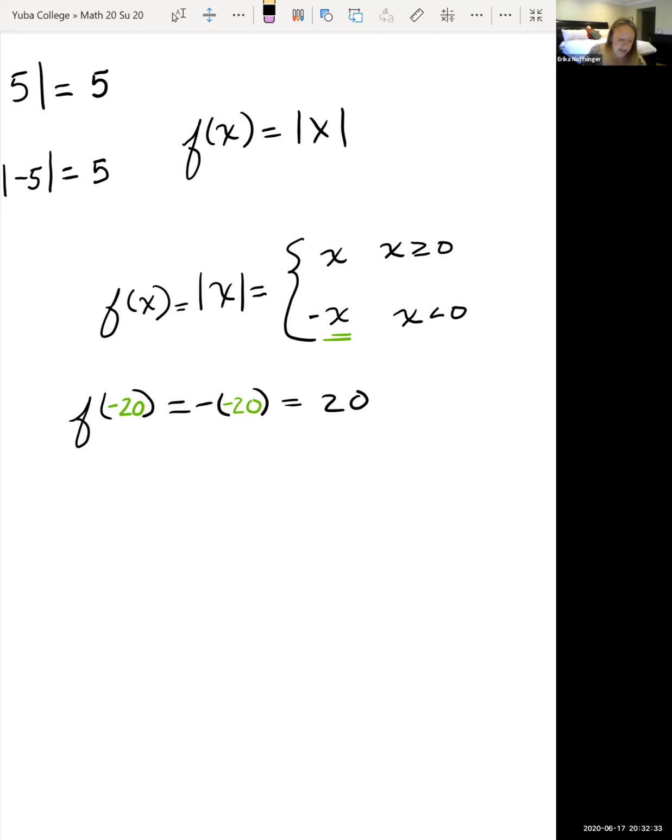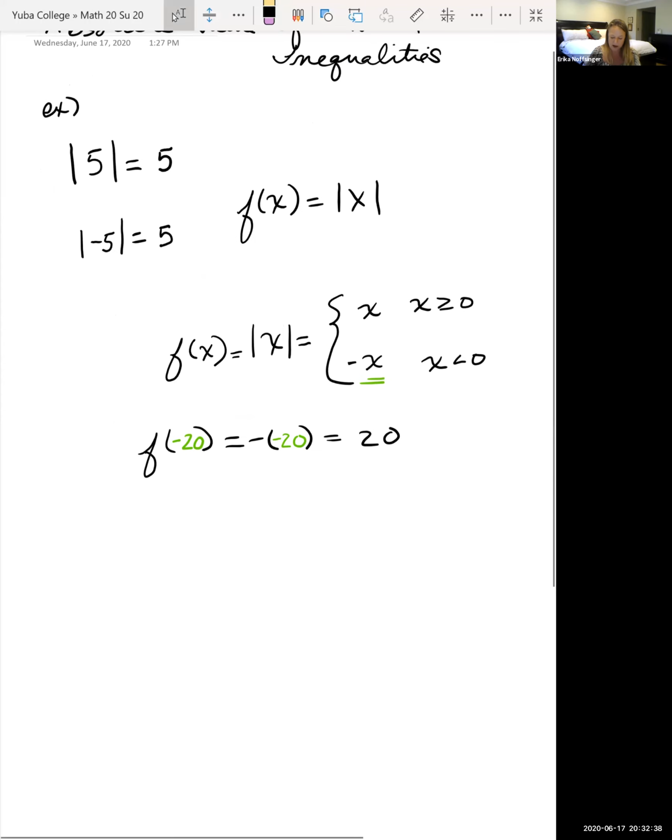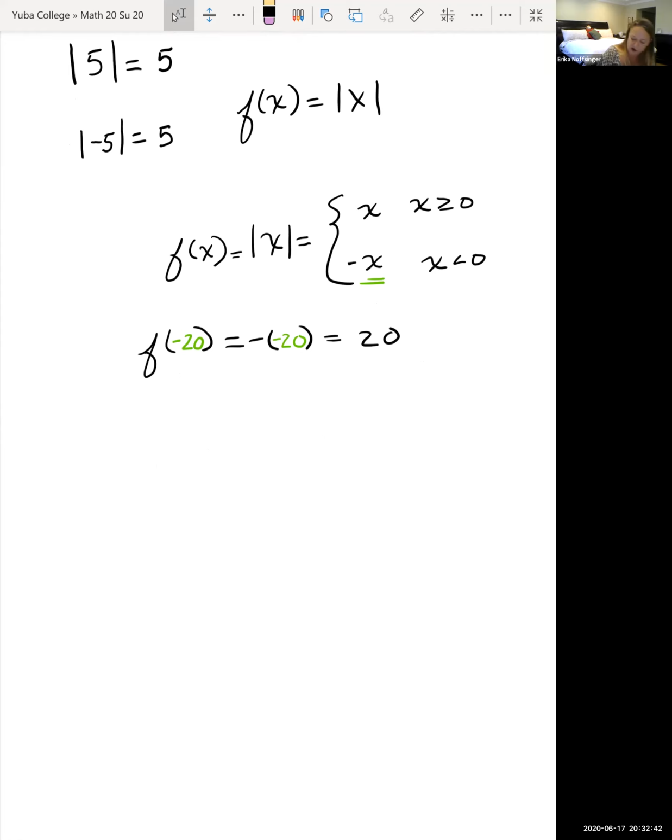Okay, so that being the case, how are we going to solve absolute value equations? So, having equations that have absolute values in them.